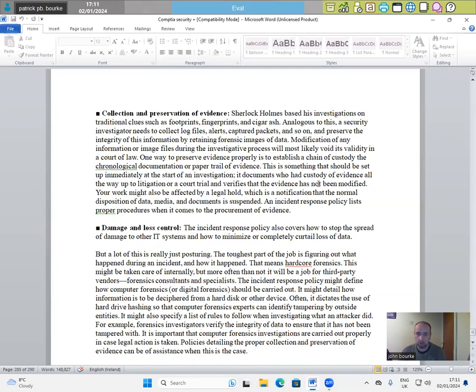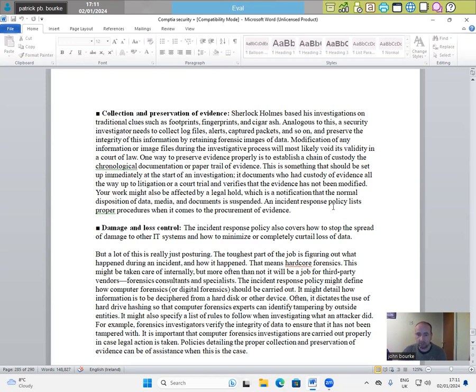It documents who has custody of evidence all the way up to litigation or a court trial, and verifies that the evidence has not been modified. Your work might also be affected by a legal hold, which is a notification that the normal disposition of data, media, and documents is suspended.